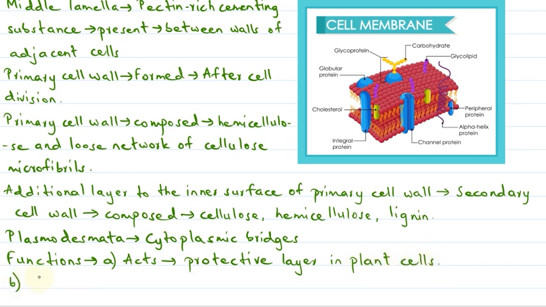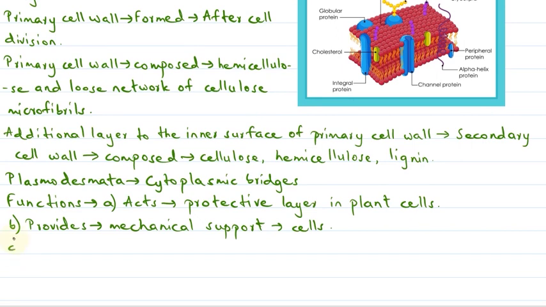It also provides mechanical support to the cells, and the cell wall also determines the shape of the cells. So these are the main functions of the cell wall.